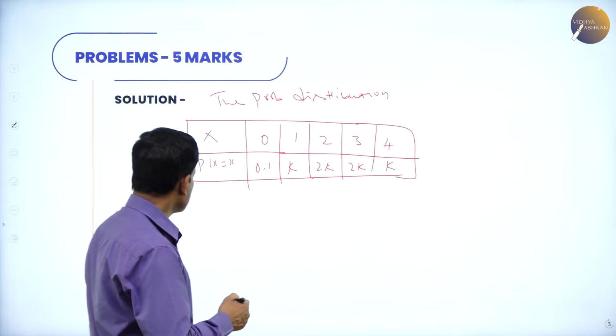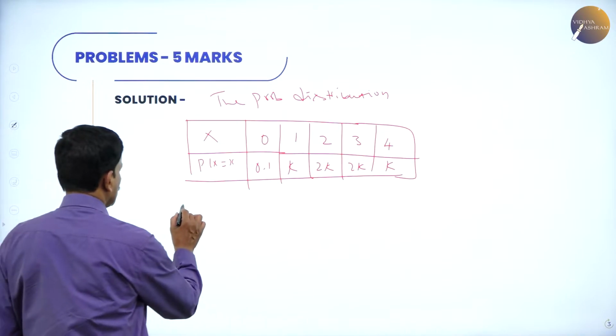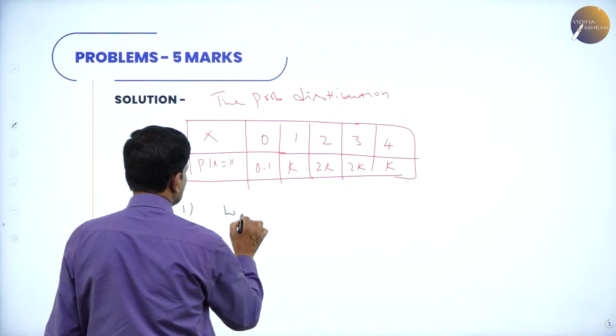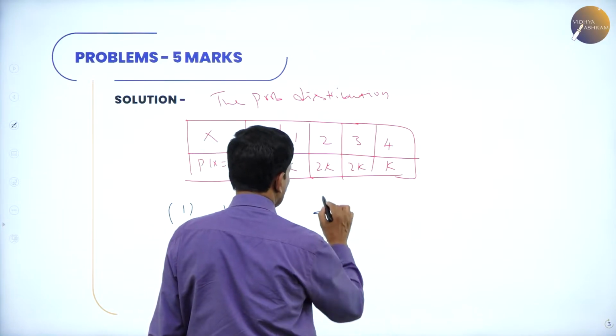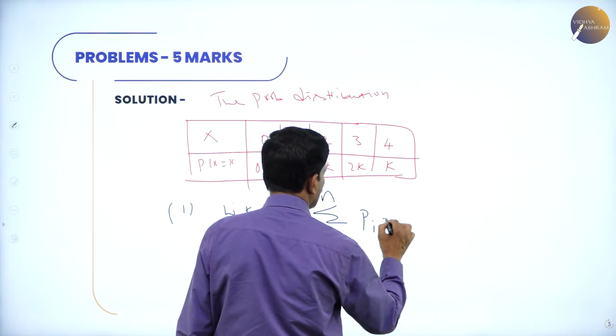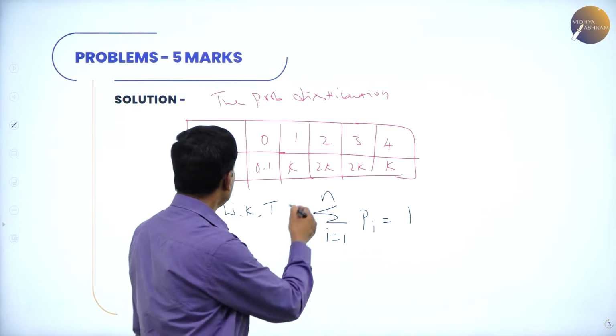Now, what is to be found first? Find the value of k. So to find the value of k, let us write down first. We know that sigma i equals 1 to n, P of i is always equal to 1, right? Now substitute the values.